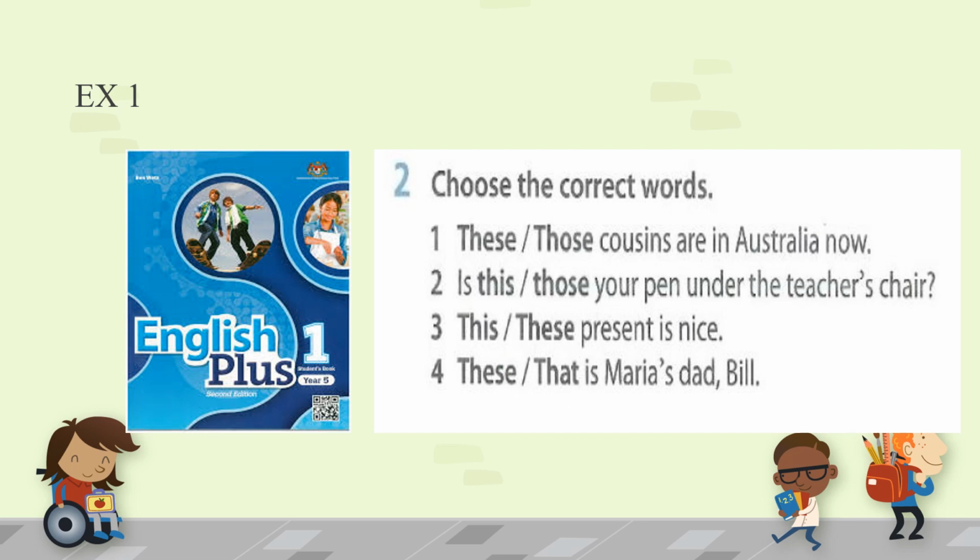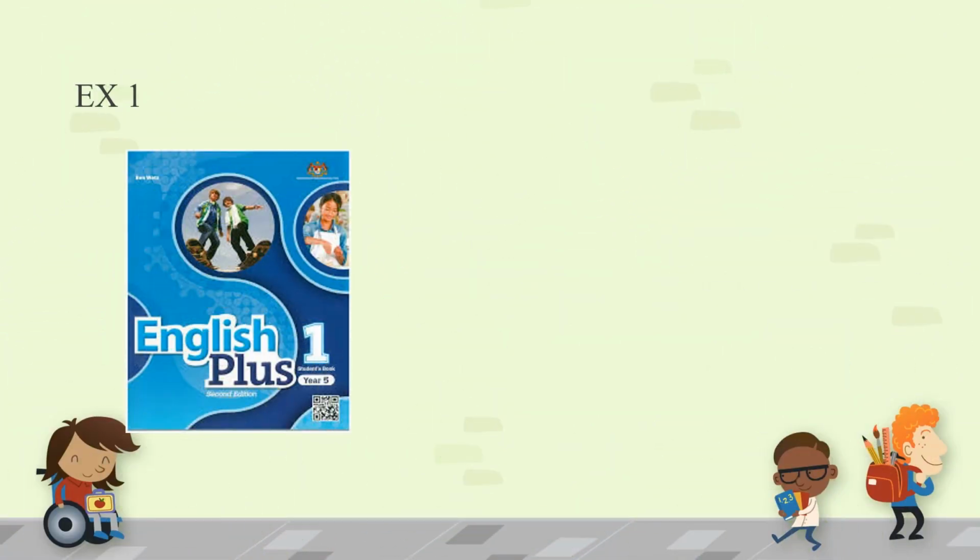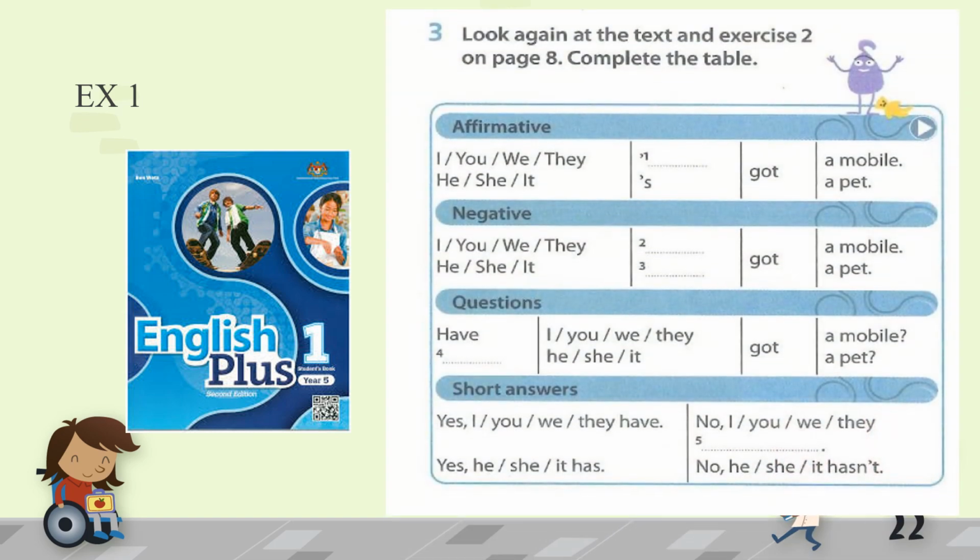Okay, now let's move on to the next one. Look again at the text and exercise 2 on page 8. Complete the table. So here is the table. There are 5 things that you need to answer here. You can look here.